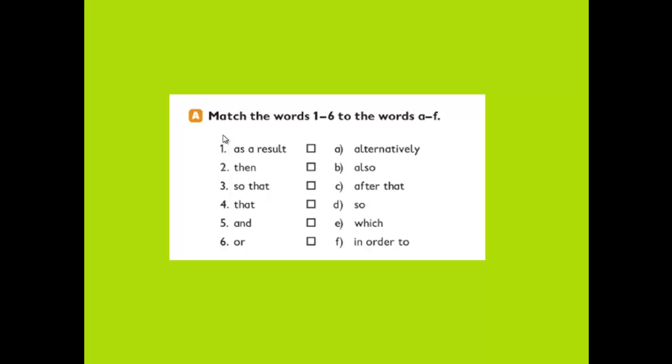Here, as you see, my students, we have two columns. The first one on the right has numbers from 1 to 6, and they are as follows. Number 1, as a result; 2, then; 3, so that; 4, that; 5, and; and 6, or.